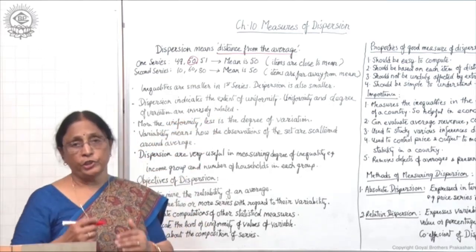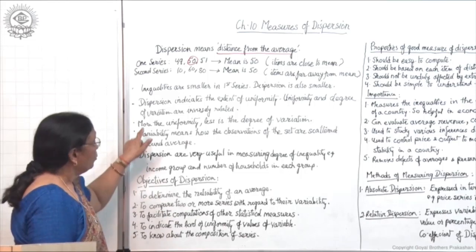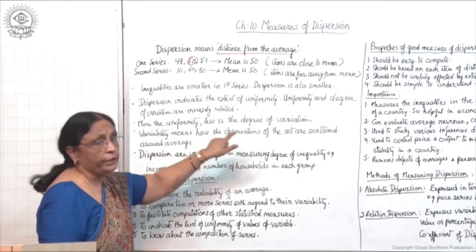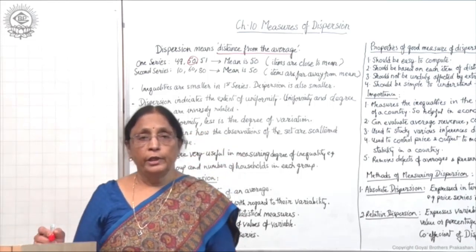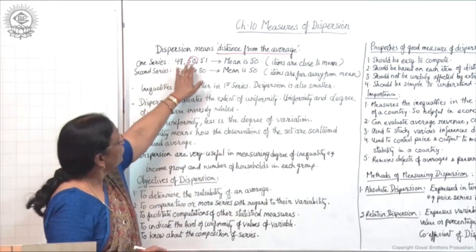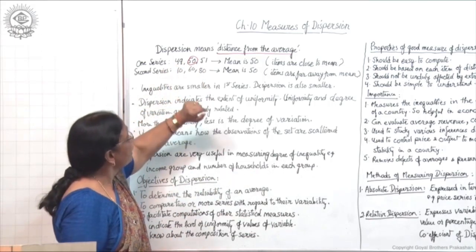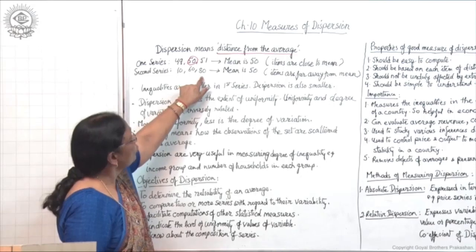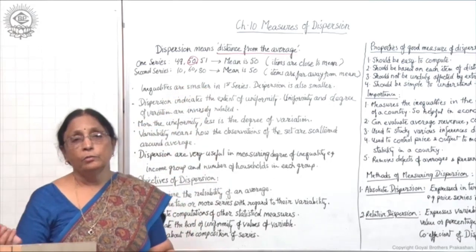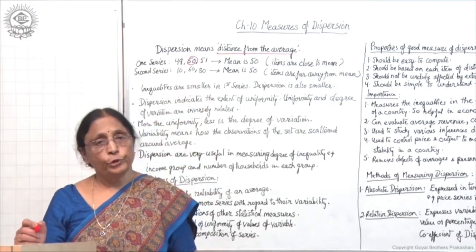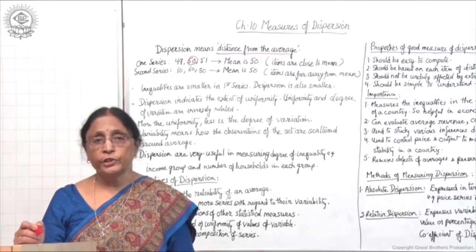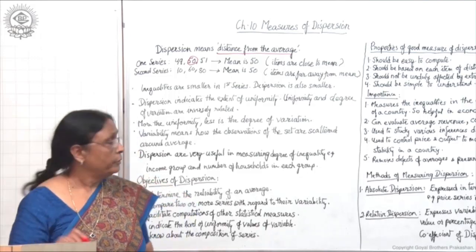They are opposite to each other. More the uniformity, less is the degree of variation. If the figures are more uniform, they are close to each other, there is less variation. If there is less uniformity, there is more variation. So, uniformity and degree of variation are inversely related.